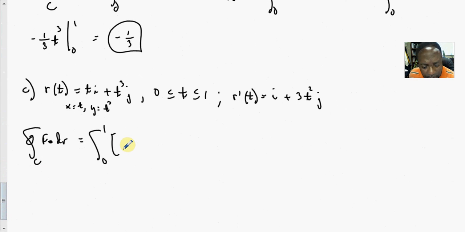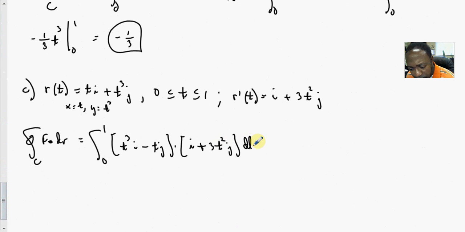Well, y is t to the third i, minus x, that's t, j, dot product with r prime. So this is i plus 3t squared j dt. This is the integral from 0 to 1. We get t cubed minus 3t cubed.